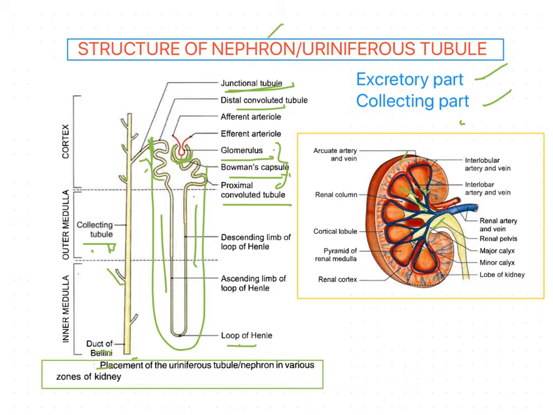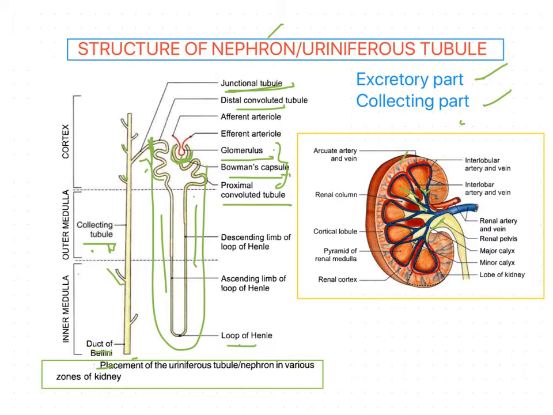As we know, the kidney has the outer cortex layer, the inner medullary layer, and the renal sinus. The nephron or uriniferous tubule is the functional unit. Which parts are located in the cortex and the medulla?